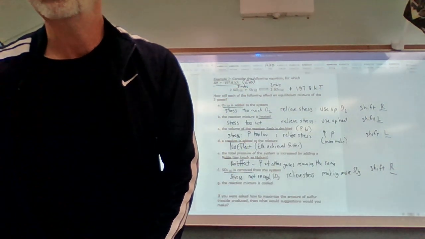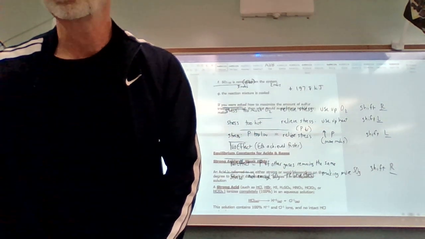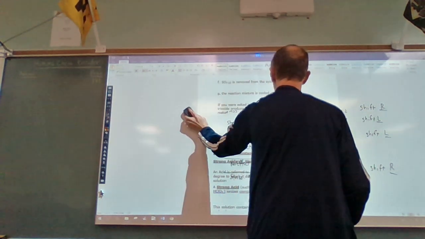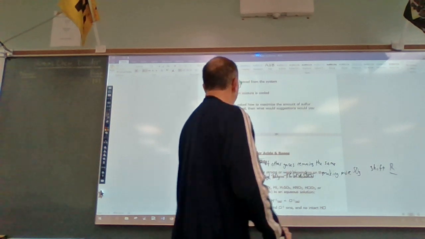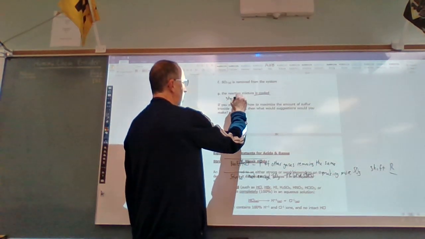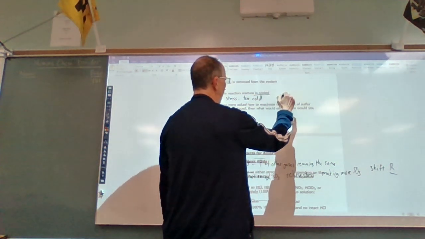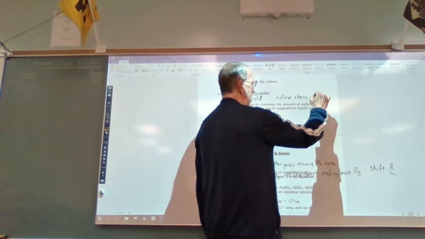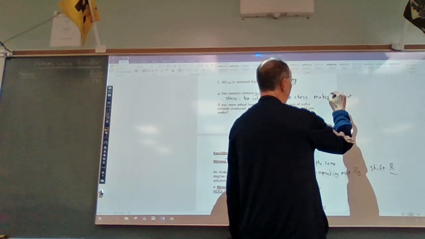And I'm going to advance the screen here. Letter G, the reaction mixture is cool. Okay? So the stress now is it's too cold. All right? So to relieve that stress, we want to make more heat.